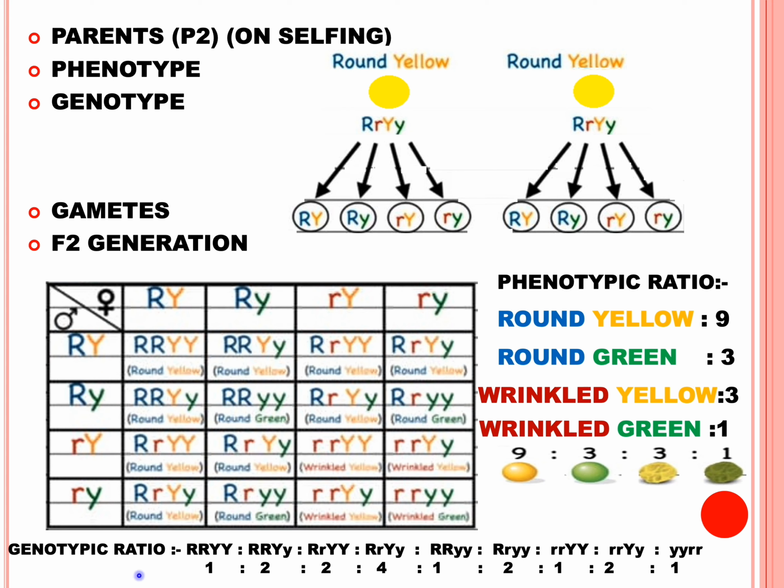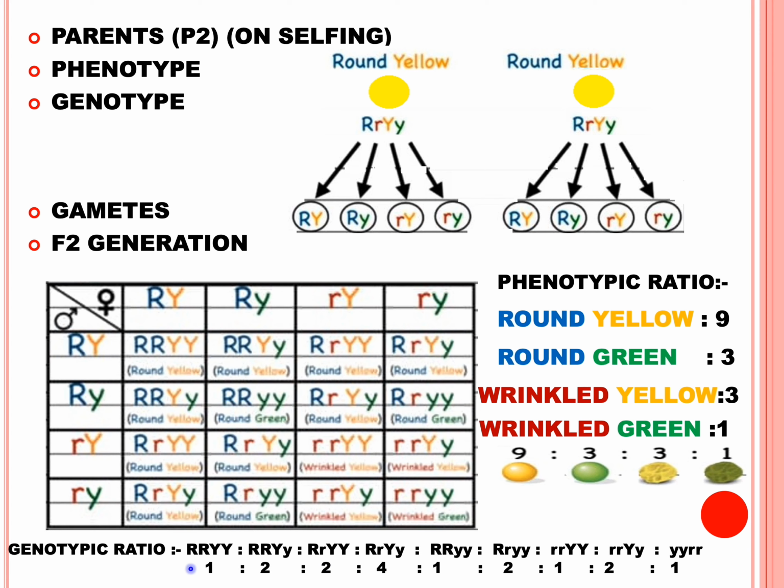And genotypic ratio, if you compare the genotypes of all the plants, then this ratio comes out to be 1:2:2:4:1:2:1:2:1. But you need not to learn genotypic ratio of dihybrid cross.